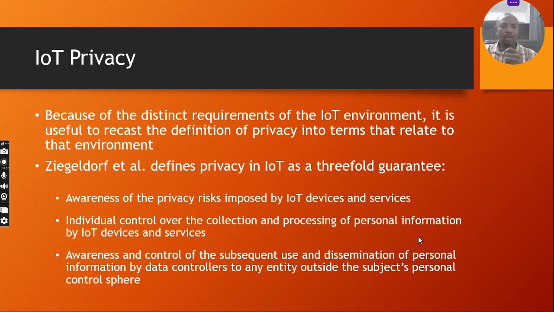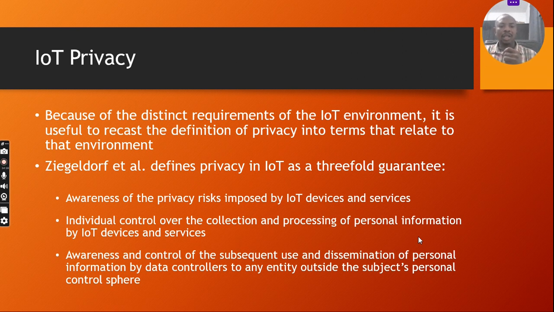That's number one. Number two is individual control over the collection and processing of personal information by the IoT devices and services. We should be aware of the individual control over the collection and processing of personal information in Internet of Things devices and services.